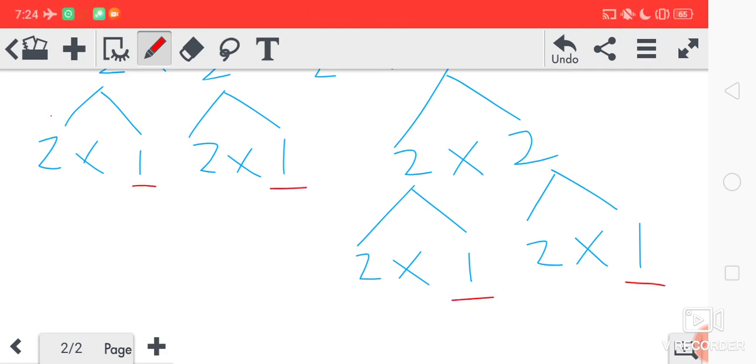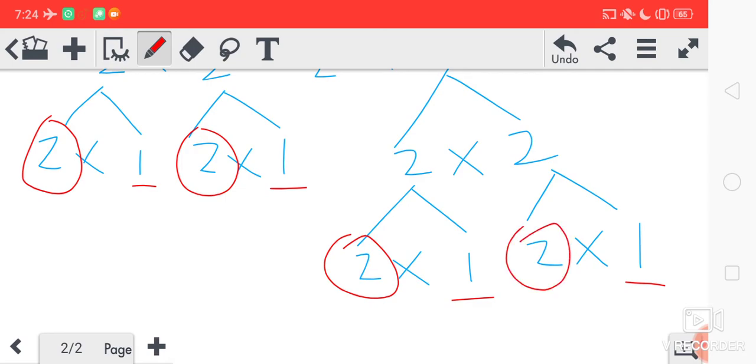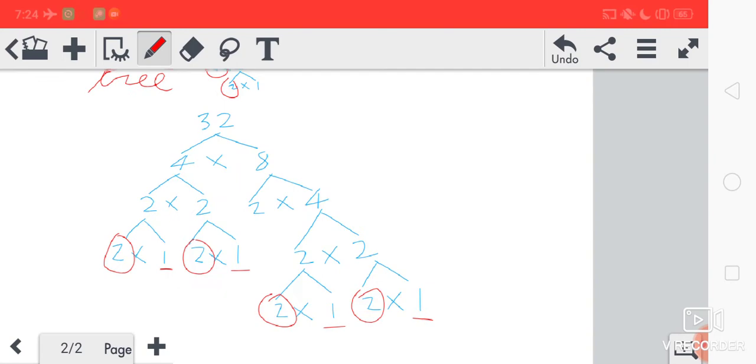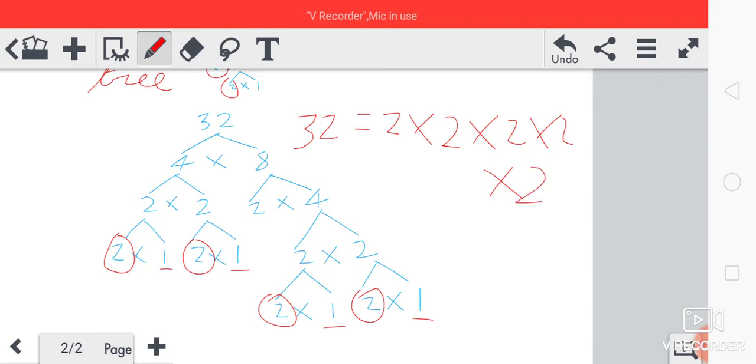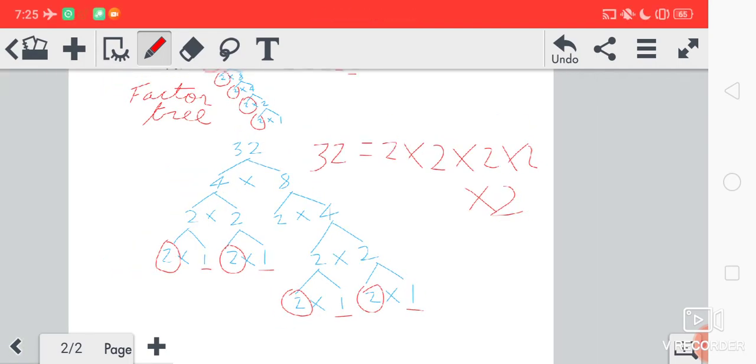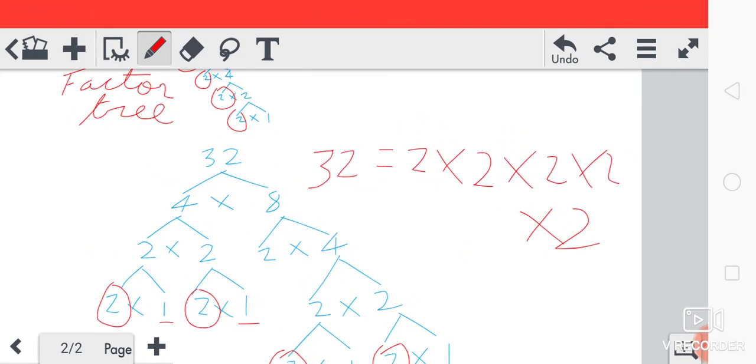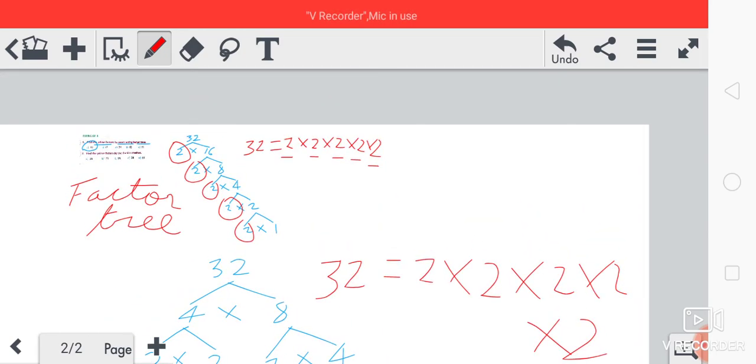So now the left part of 1 we will circle: 2 into 2 into 2 into 2. Okay, so we can write 32 is equal to 2 into 2 into 2 into 2 into 2. Got it? So you can see we have done it in two methods.